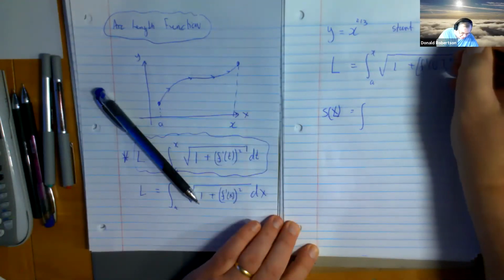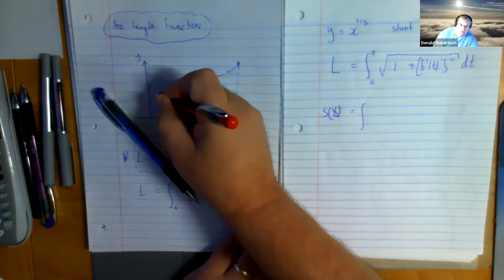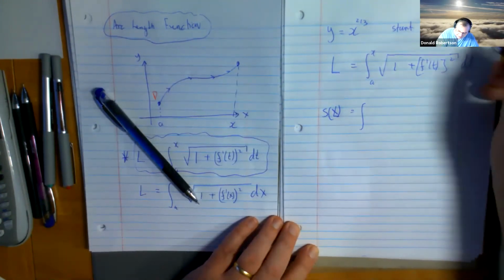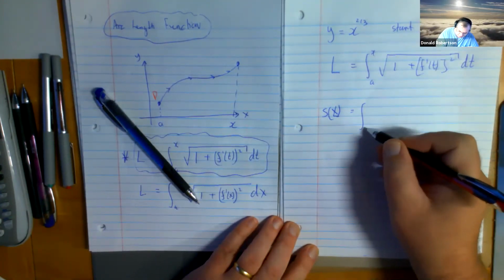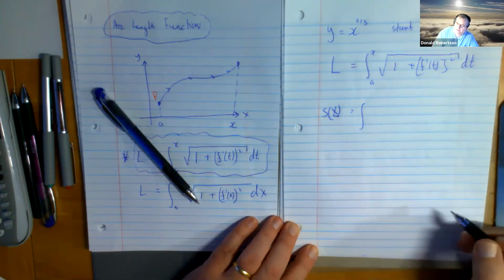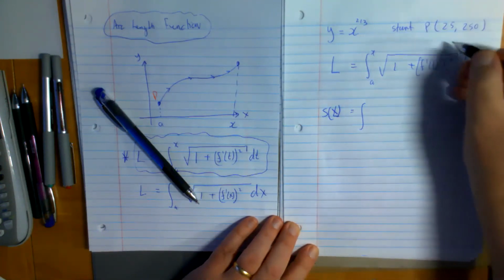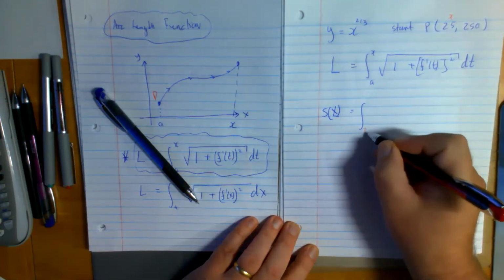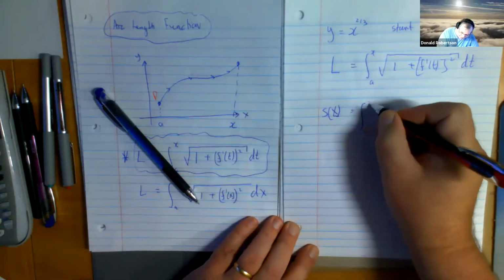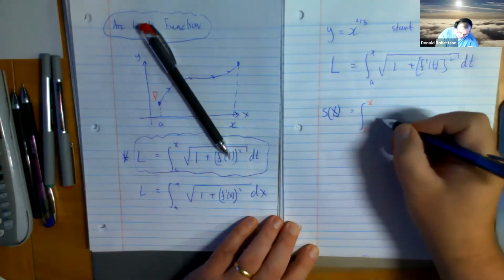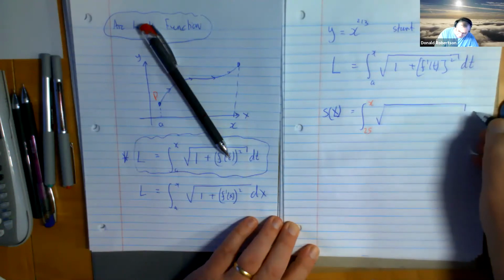Since this is your starting point, that's like where P is. What will be the x value here? What shall I use? 25. So it's 25 to x, the square root of the x.